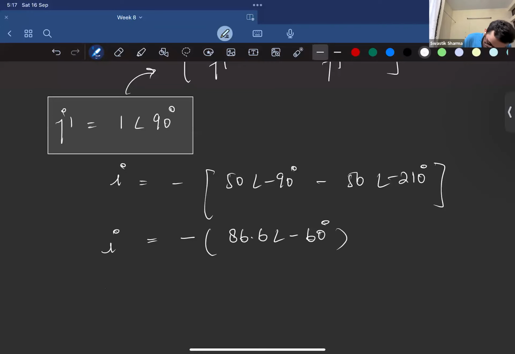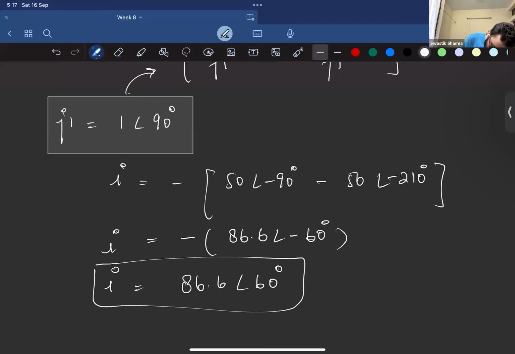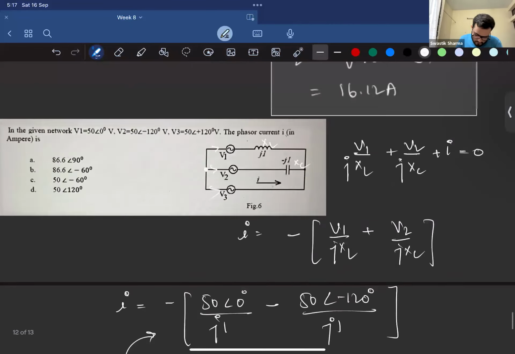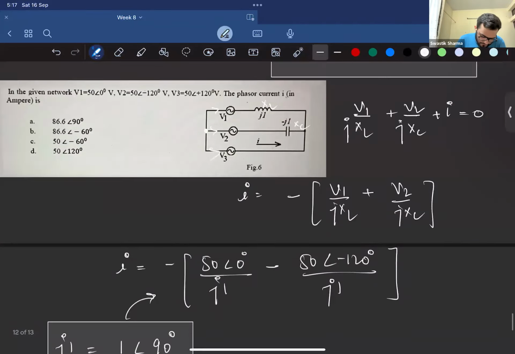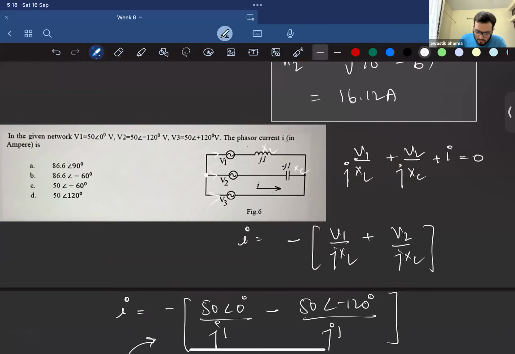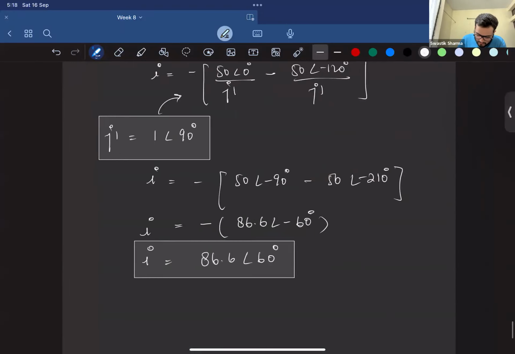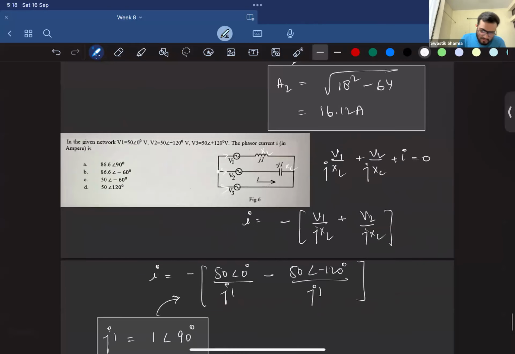Now, as you can see, it's minus, so we can say it's 86.6 angle 60 degrees, right? But you can say none of the answers are matching.